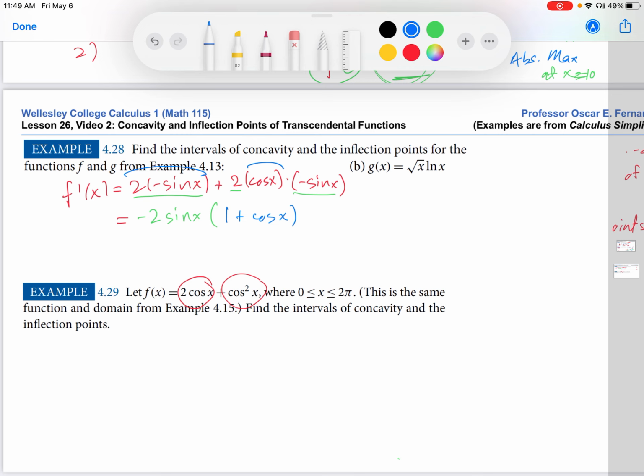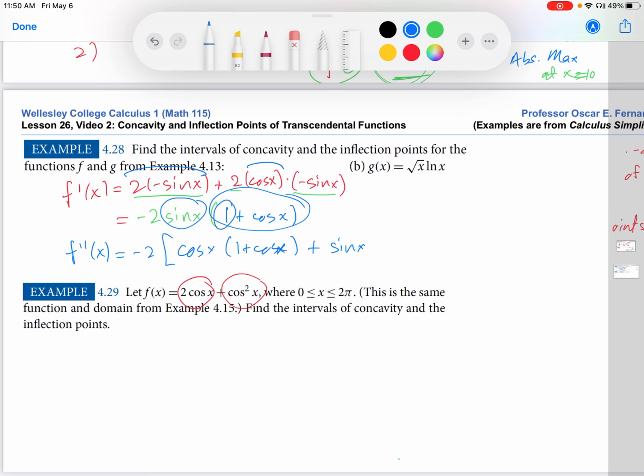What is our next step here? We are then going to find the second derivative. Now I have a product of two functions. So I'm going to take the negative 2 outside, have it come along for the ride, and then differentiate the first one, that's cosine x, multiply by the second one, plus the first multiplied by the derivative of the second.